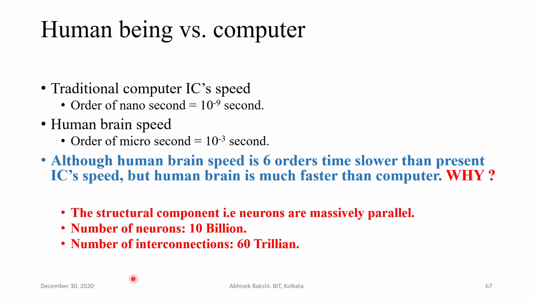If you compare with a task like addition of two numbers or some mathematical task, you will see that a computer is much faster than us. But recognition is a different thing, because recognizing a particular picture or a particular person is not a simple value.